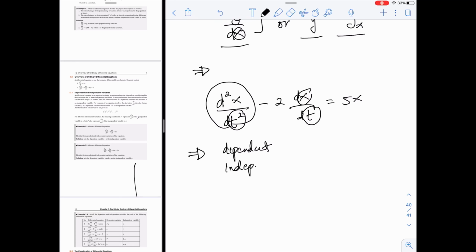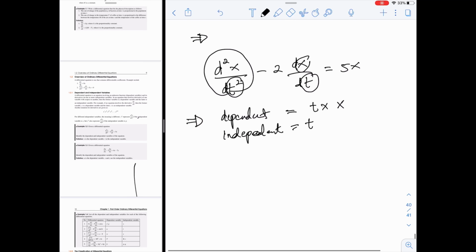When you read x depends on t, is t the dependent variable? Is it correct? No, because x depends on t, so that means x is the dependent variable and t is the independent variable.